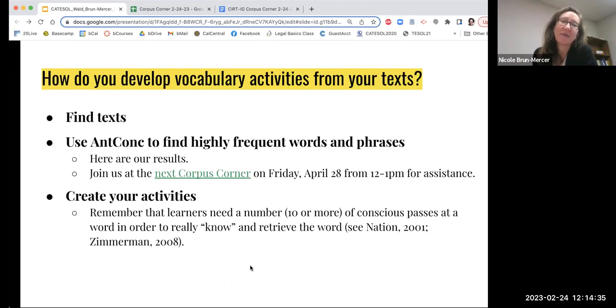So keep in mind that learners need a number of exposures. It's not a set number, but typically we say 10 or more conscious passes at a word in order to really know and retrieve the word. It's not that if a student sees a word one time, they have learned the word.